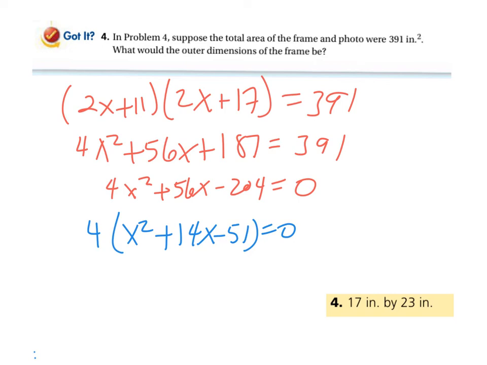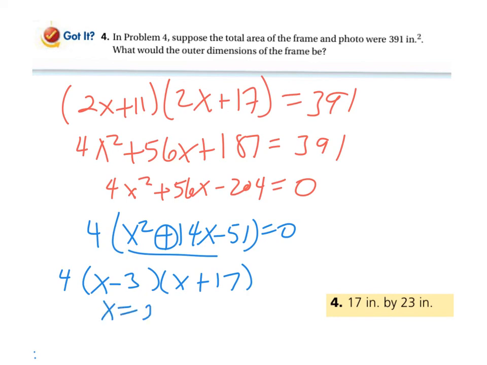So we're going to factor this out, and we have x minus 3 and x plus 17. 17 times 3 is 51, but again we're looking for a positive here, so the 17 gets the plus. That means x is going to be 3, or x is going to be negative 17. Well, that negative 17 is not going to yield a valid solution, so we're going to say x equals 3.